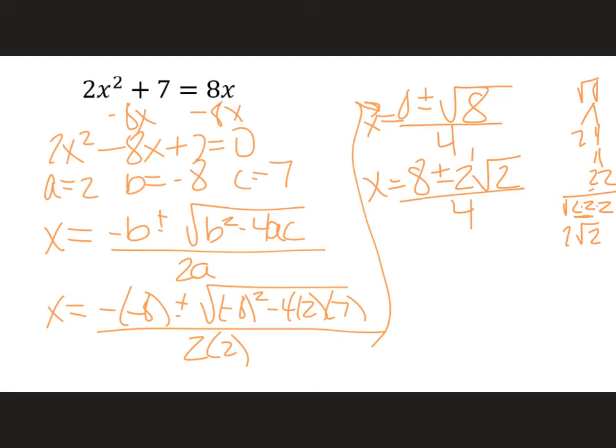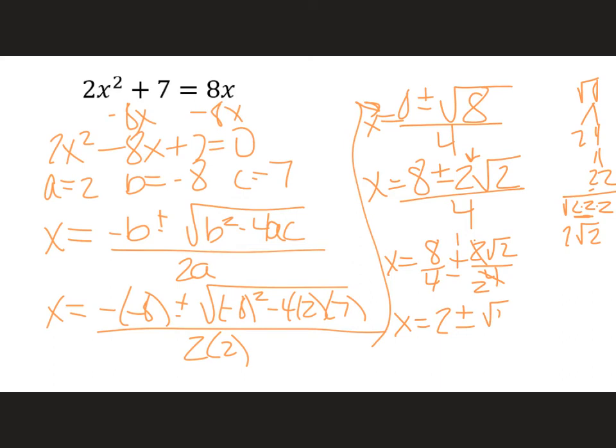8 and the coefficient of 2 here can both be simplified at least by the 4. So we would split this and say, distribute out your division, 8 over 4 plus or minus 2 square root of 2 over 4. And that would be 2 plus or minus, this would simplify to 1/2 here.